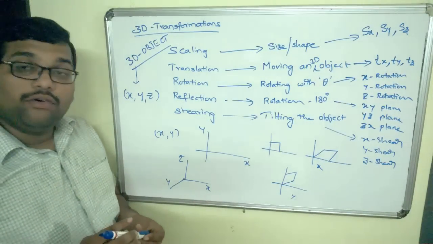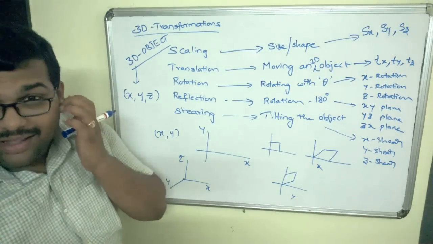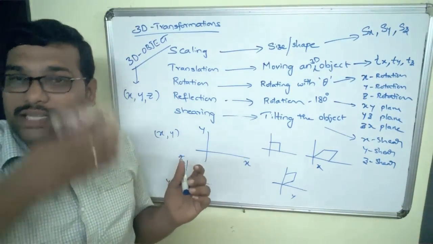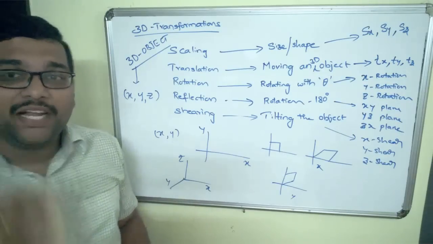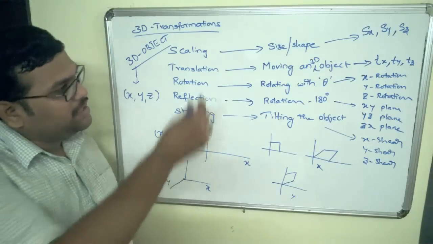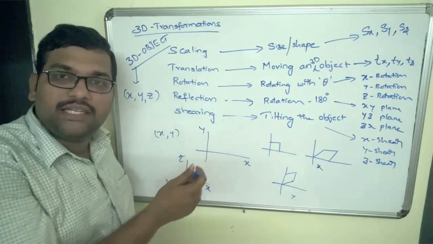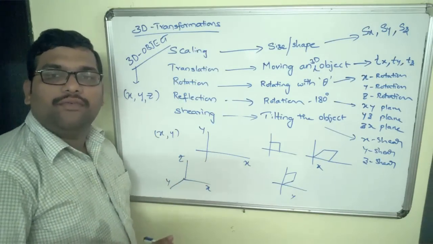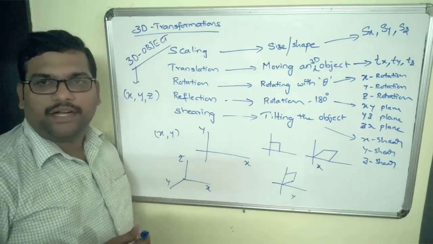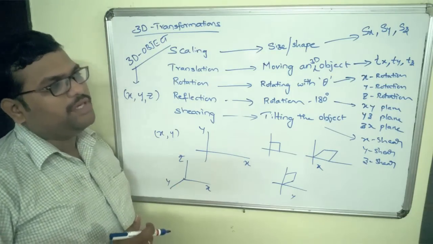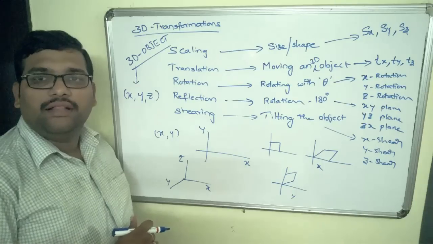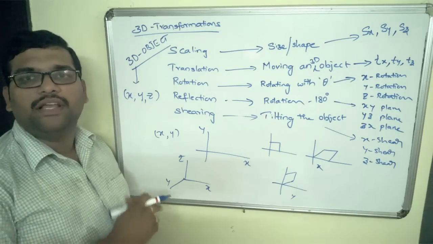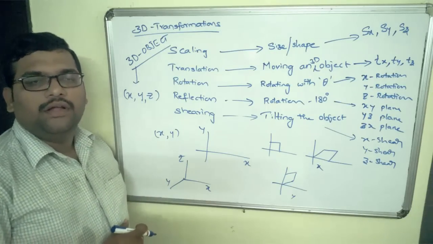We need to find out the formula. In the two-dimensional transformations, first we derived the formulas for all these transformation techniques, and we represented them in a matrix format. Here also, first we need to derive the formula, and then represent that formula in matrix representation.